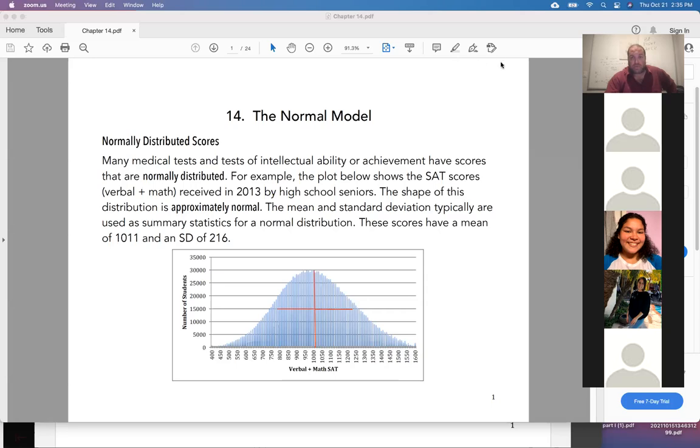Now I want to grab these, select, and move this up to there, and move this up to about there. Okay. So this point right here is where one standard deviation is on either side.